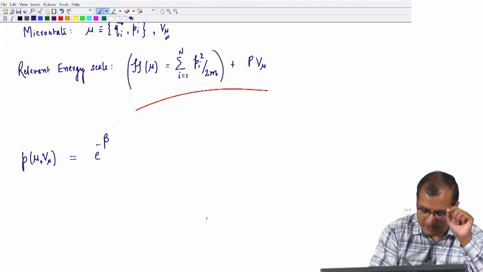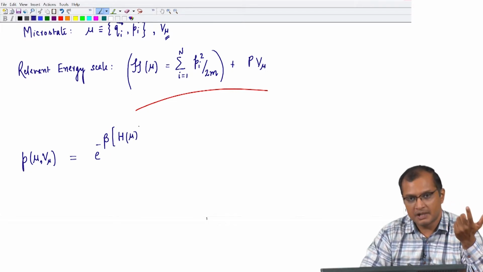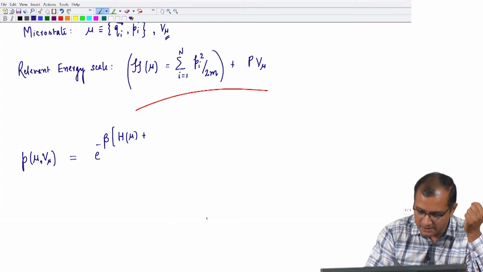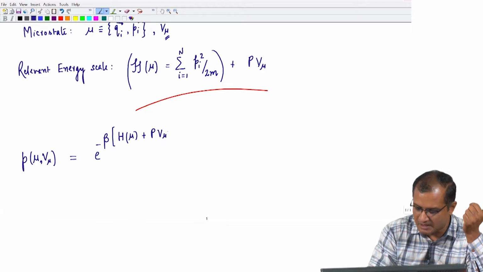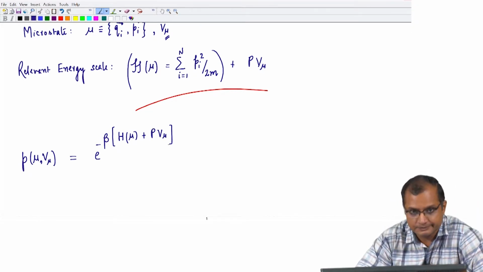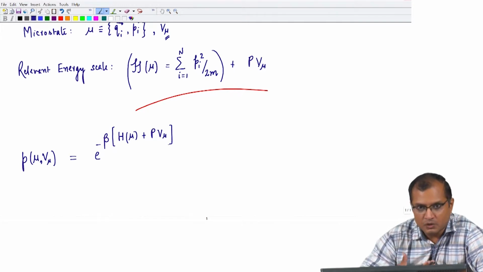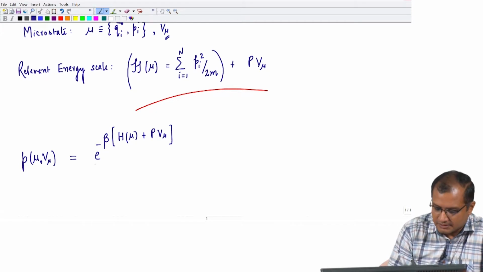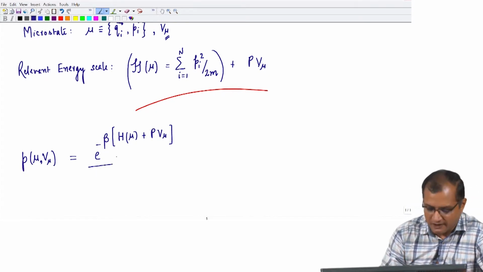The energy scale is now, as we have discussed, H mu, that is nothing but the sum of pi square by 2m over all particles if it is an ideal gas, plus the pressure volume work which the system has done against the reservoir. This is my Boltzmann factor, and I know that this is not a normalized probability density or probability distribution function.